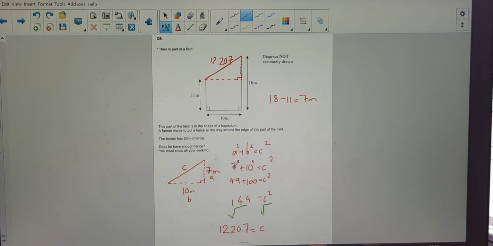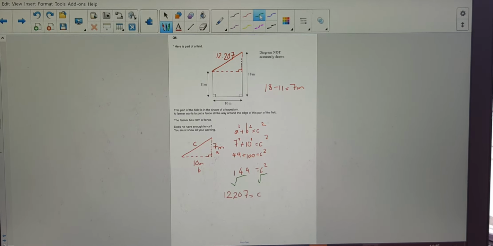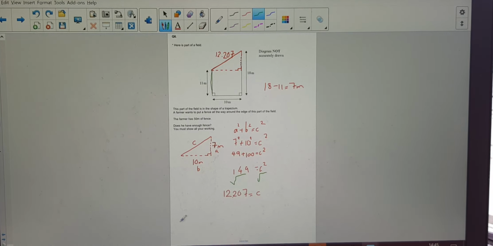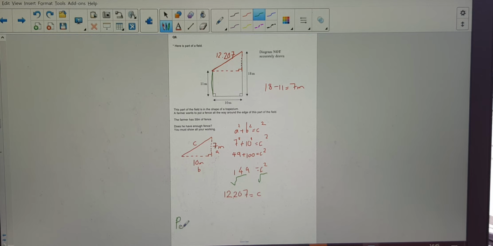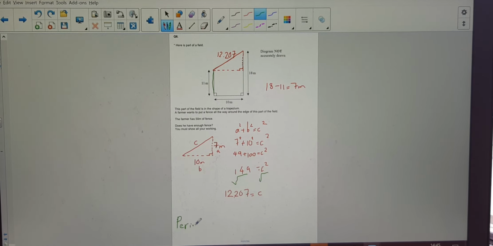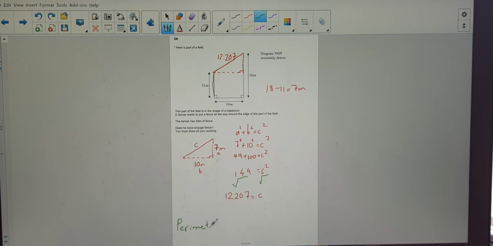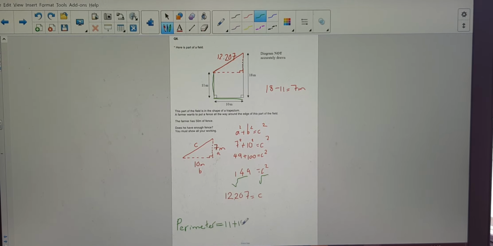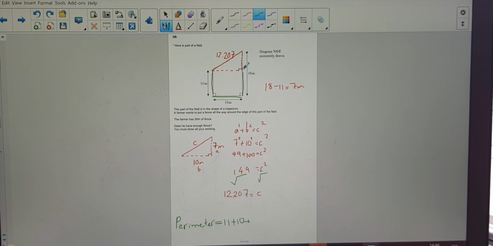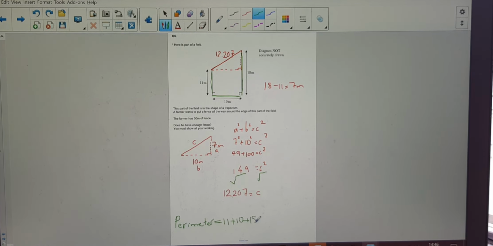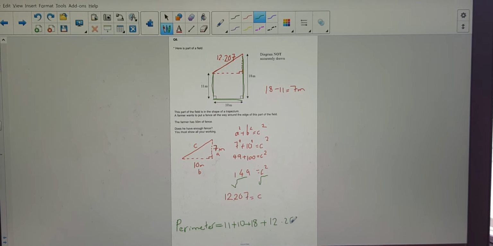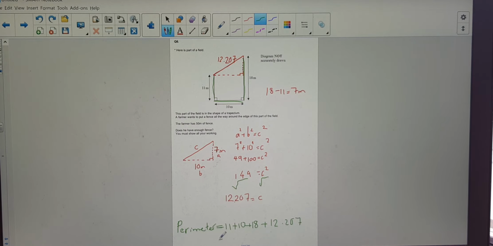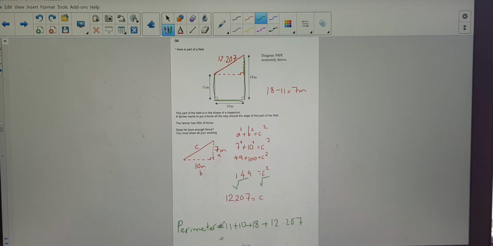Now I'm going to work out my perimeter because I have every length around the outside of it. So I've got 11, the perimeter is equal to that 11 that I just said, plus 10, plus 18, plus 12.207, and that equals 51.2.